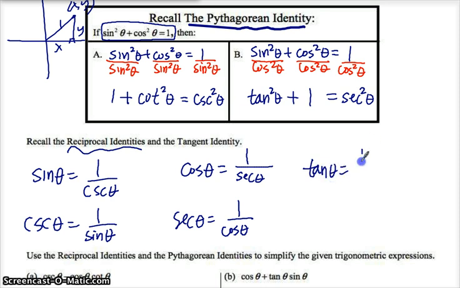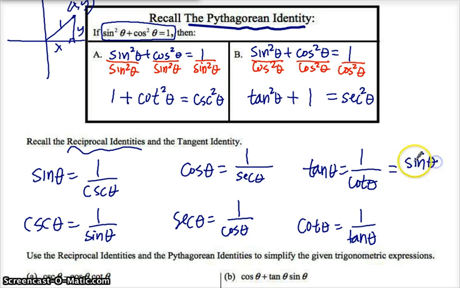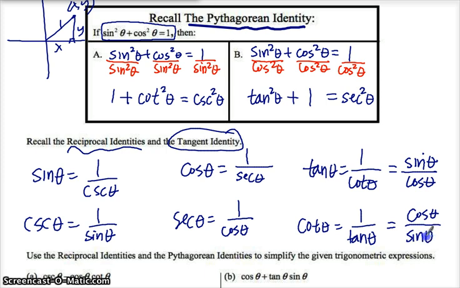Tangent, of course, equals 1 over cotan, and cotan equals 1 over tan. And then, of course, not only that, we know that tan equals sine over cosine. So that's what it means by the tangent identity, or cotan equals cosine over sine.